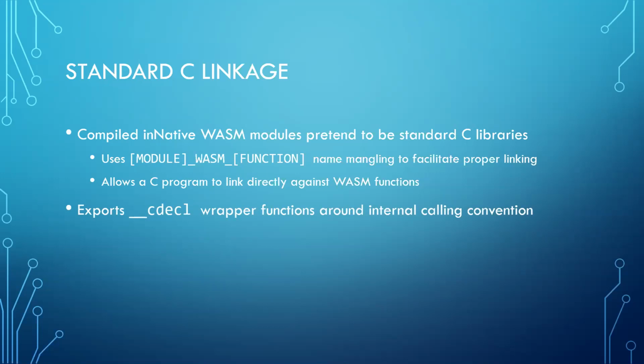And to help with this, it exports the standard CDECL calling convention wrapper functions around the internal one. This is supposed to allow the WebAssembly compiler to use a fast internal calling convention that does not break allowing a C program to interact with the WebAssembly through the C ABI.